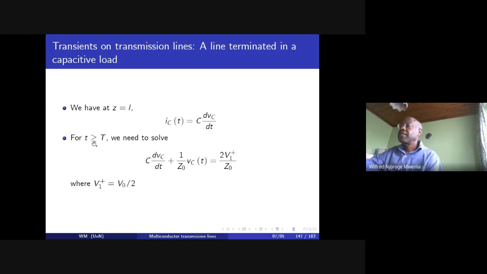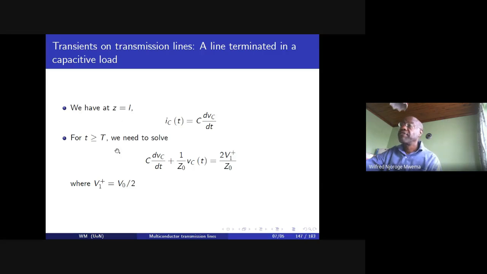And for time t greater than T, we therefore need to solve the problem C dVc/dt plus 1 over Z naught Vc of t is equal to twice V1 plus over Z naught, where V1 plus is equal to V naught by 2, so to speak.